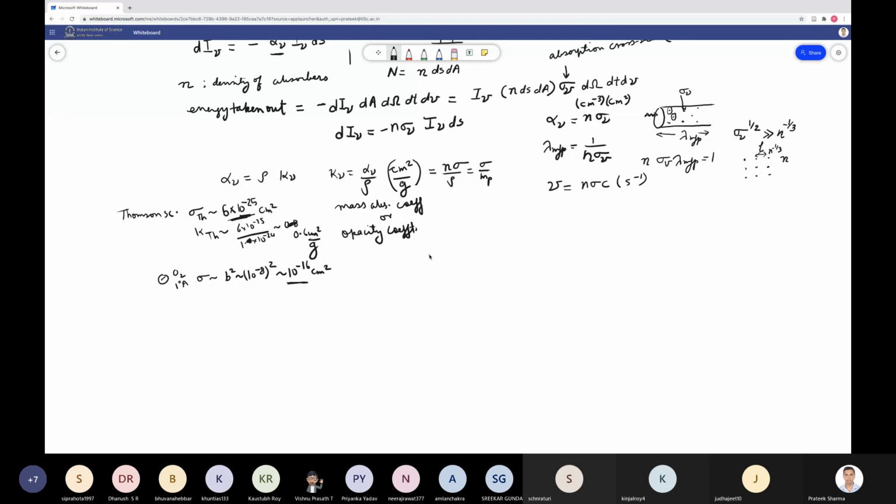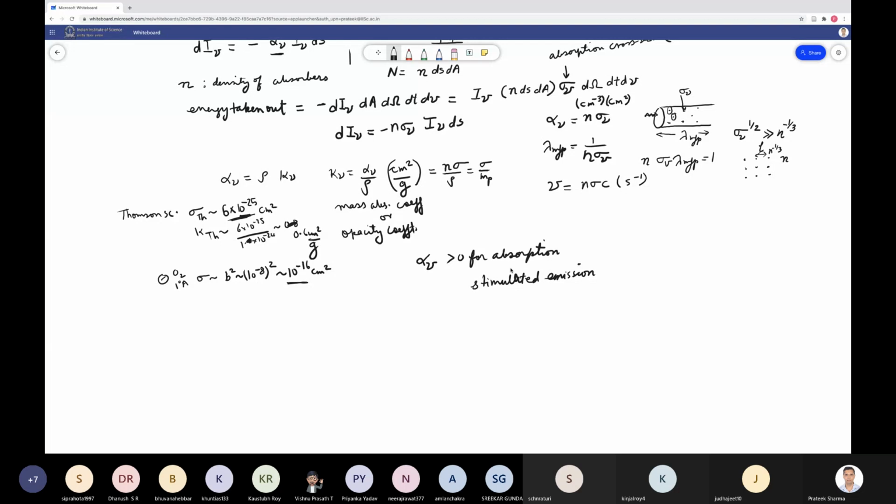And you should recall that alpha nu is positive for absorption, but later we will see that stimulated emission... There are two kinds of emission according to Einstein's theory of radiation, the interaction of radiation and matter.